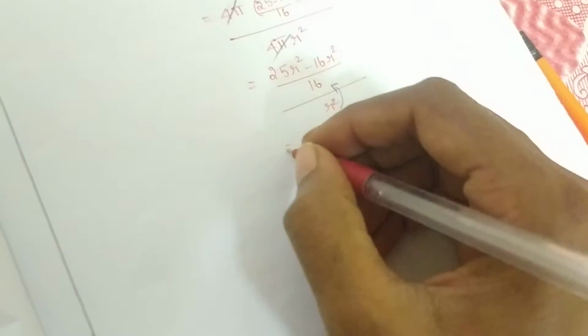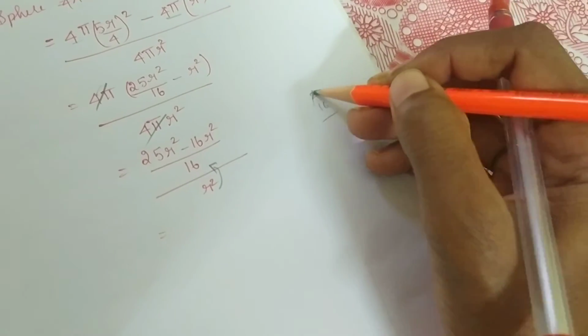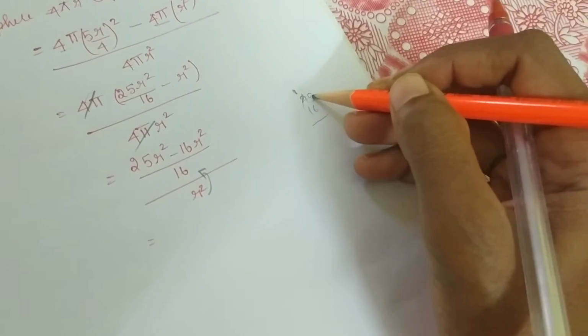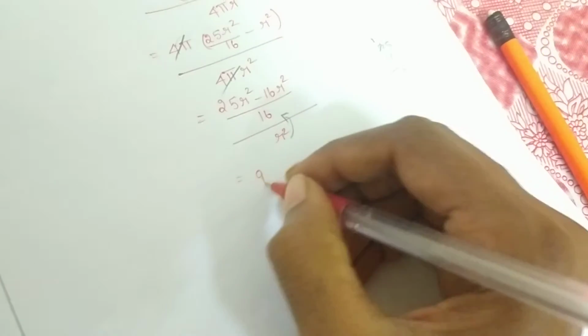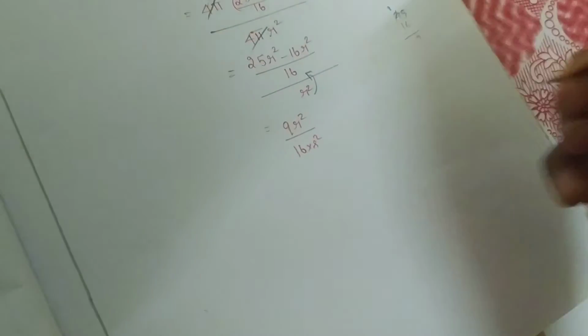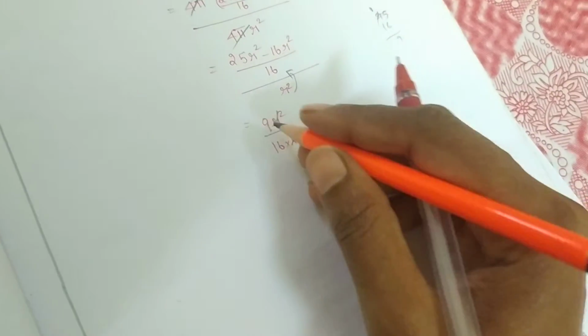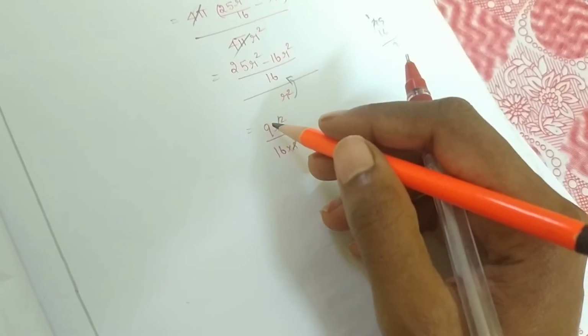So 25 minus 16 will come to 9, right? So 9 r square by 16 into r square. This r square cancels. Does anything else cancel? No, right?